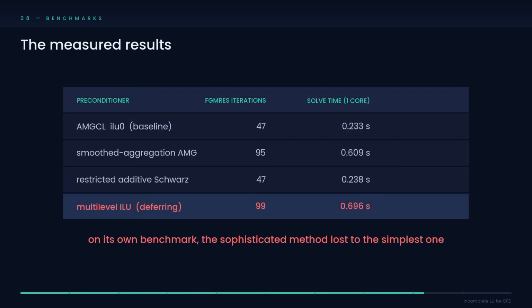The results: plain ILU0, 47 iterations. Smooth aggregation algebraic multigrid, 95. Restricted additive Schwarz, 47. And the multilevel deferring method, 99 iterations, the slowest of the 4. On its own benchmark, the sophisticated method lost to the simplest one.